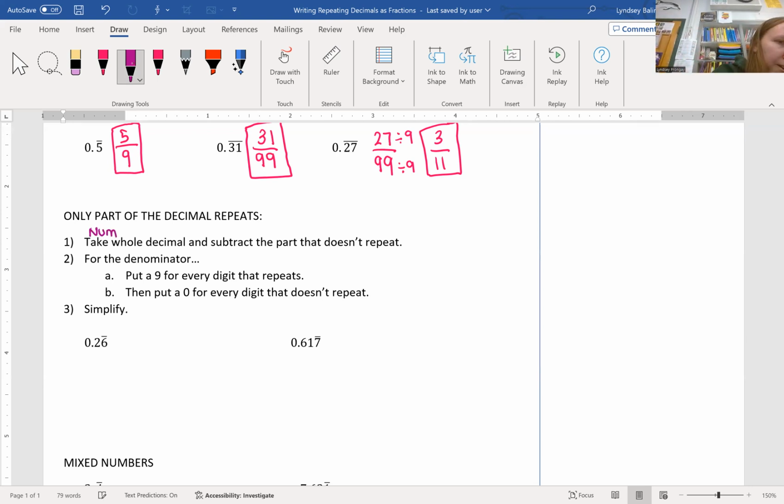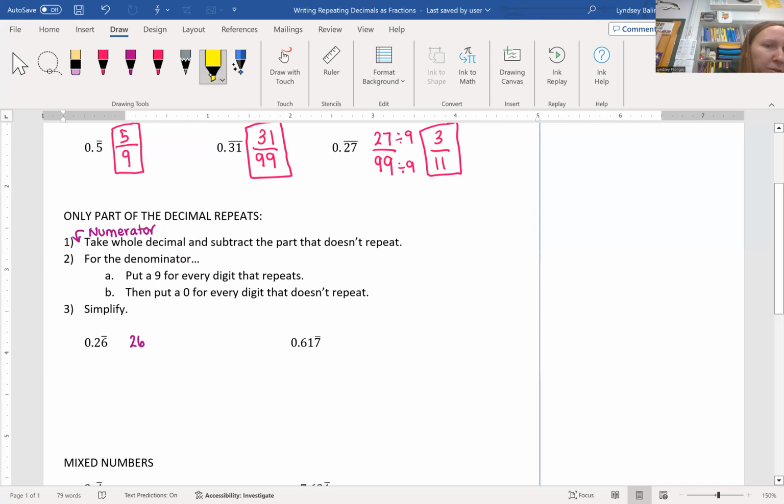Step 1 is really talking about our numerator here. For the numerator, we're going to take the whole decimal, the entire decimal, which in this case is 26, and we're going to subtract the part that doesn't repeat. So our first step here is to say 26, and the part that doesn't repeat is 2.